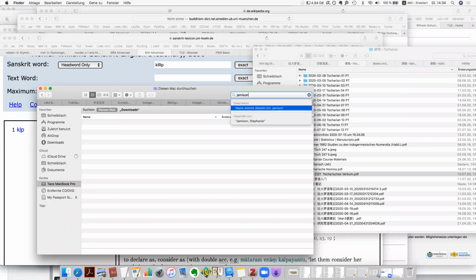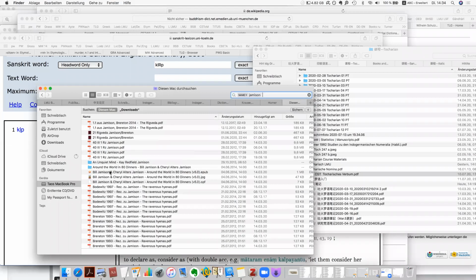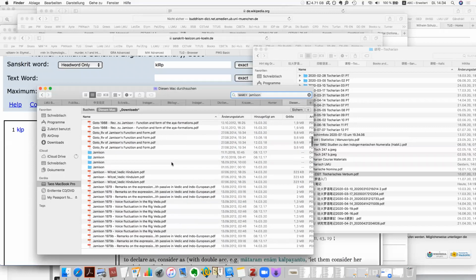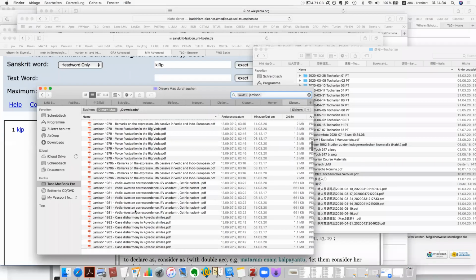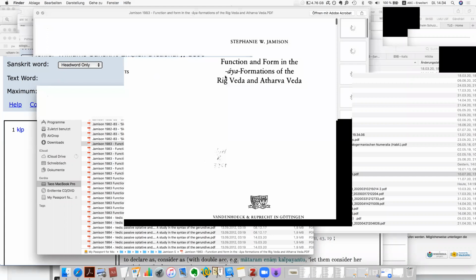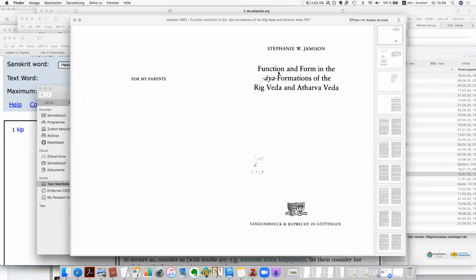So I start recording and I just explain the causative, the so-called causative, right? Wait a minute. So in this book, Function and Form in the Causative Formation of the Rig Veda and Atharva Veda, Stephanie Jamison has highlighted one of the important conclusions, that causative sometimes is not that causative.